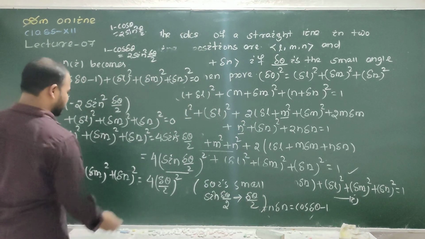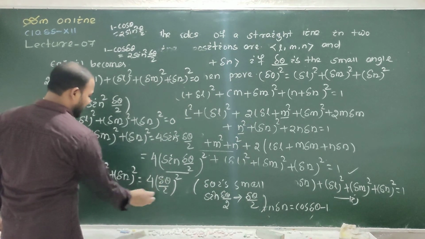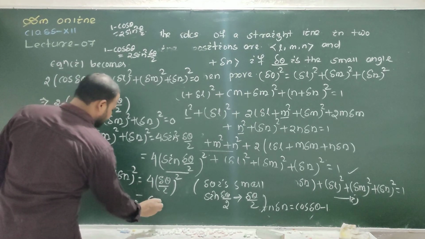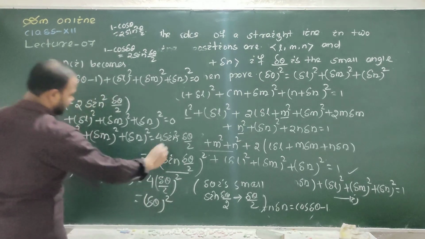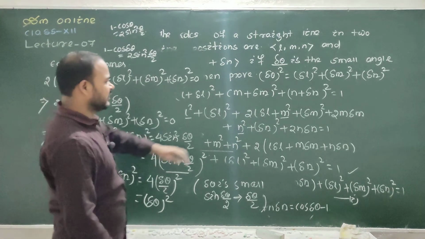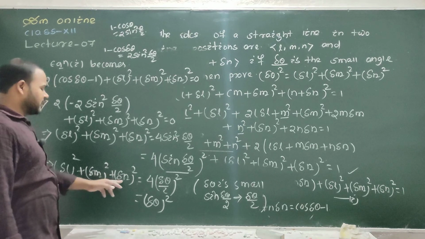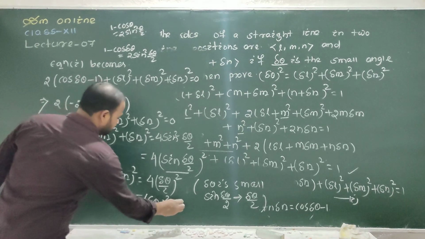Okay, so here the 4 and 4 cancel. This is del theta square, and we have to prove that del theta square equal to what? This is del L square plus del M square plus del N square. This is the proof.